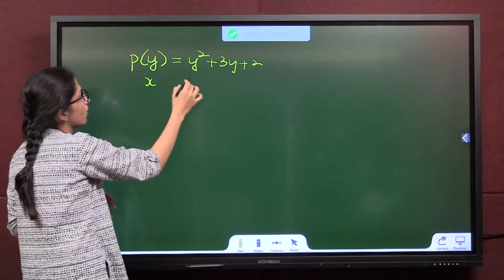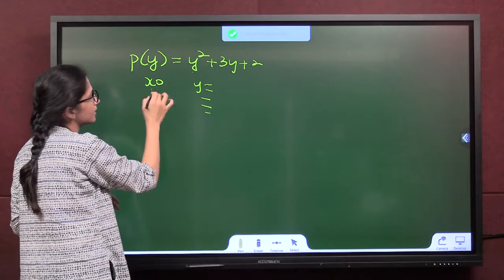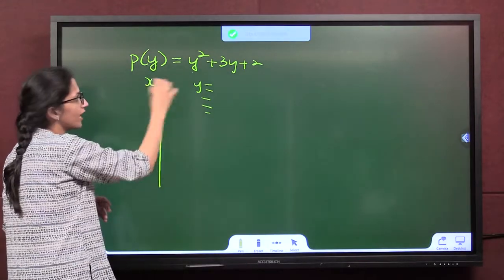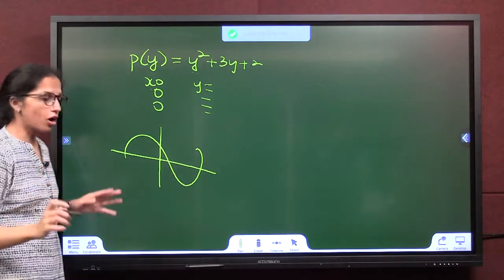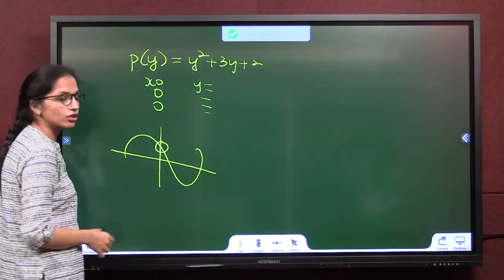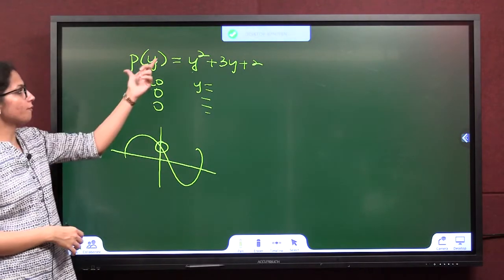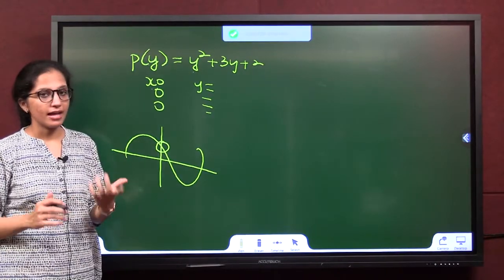That means when you put different values of y, your x is becoming 0. So if you have an expression of p of y and you have a graph, you are now not supposed to see intersection with the x-axis. You're supposed to see intersection with the y-axis. If you have p of y, please look at intersection with the y-axis. If you have p of x, look at intersection with the x-axis.